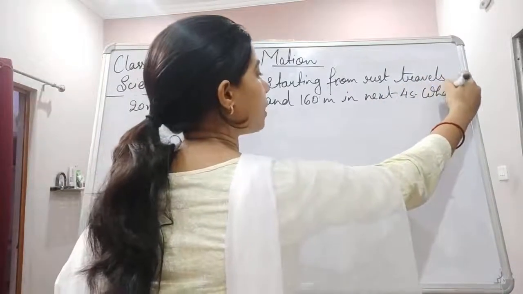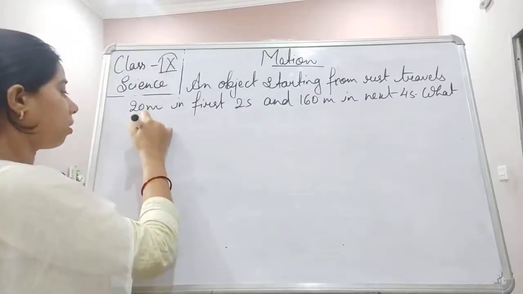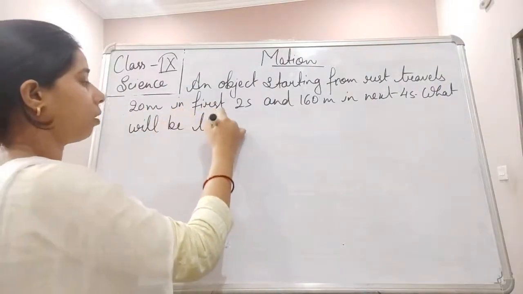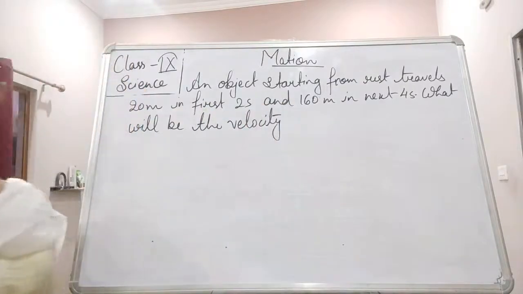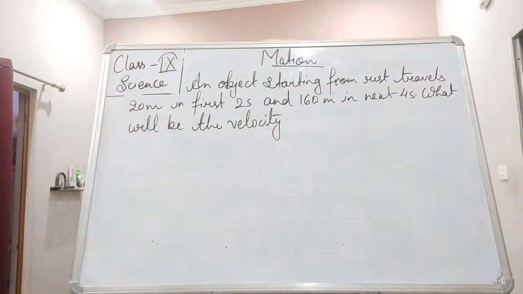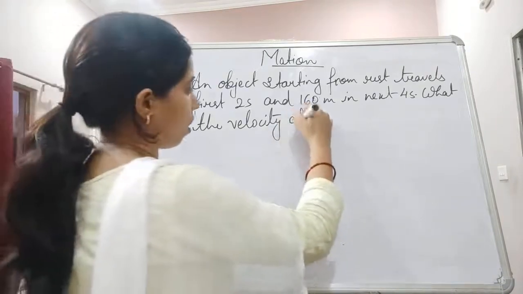What will be the velocity after 7 seconds from the start?